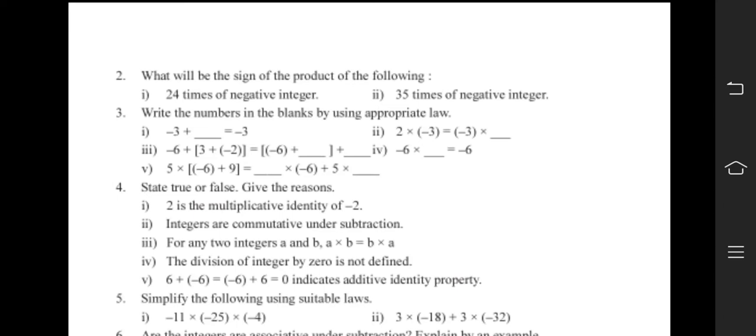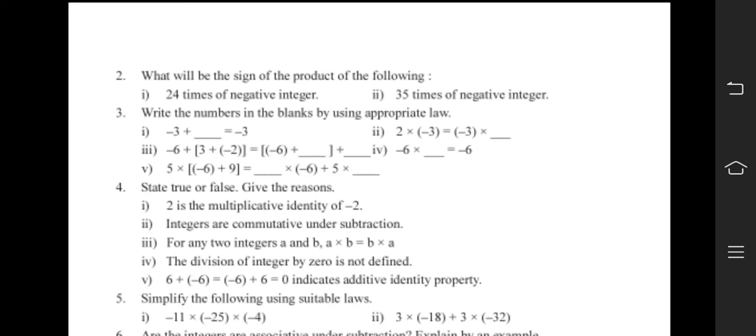Yes, here addition is there. On the left hand side you have to add the second and third integers first. On the right hand side you should add the first and second integers, that means -6 plus 3, then plus -2. Which law is that? Yes, it is the associative law.